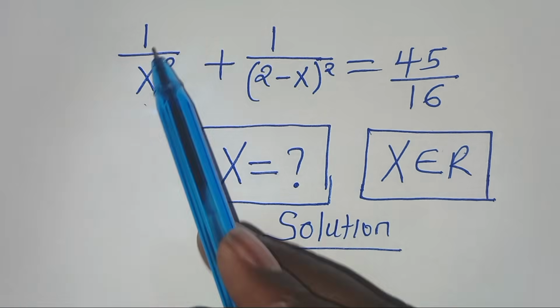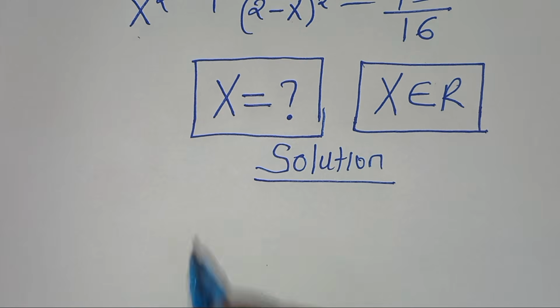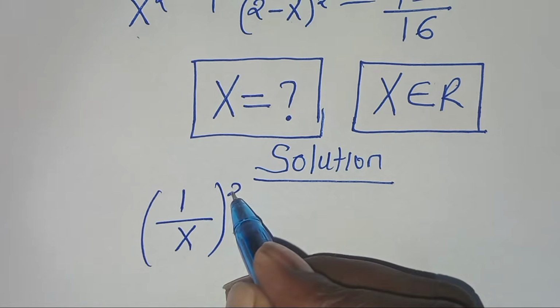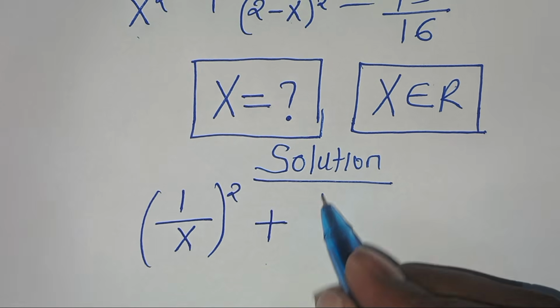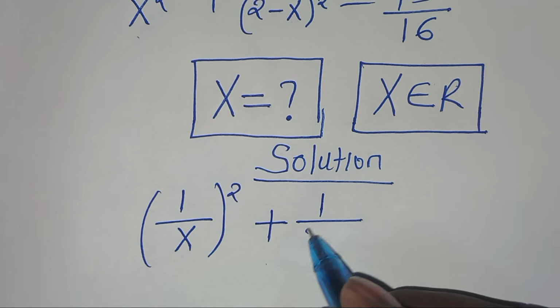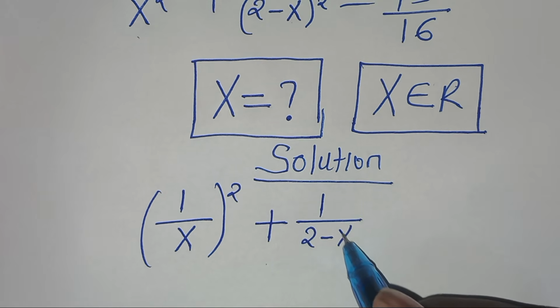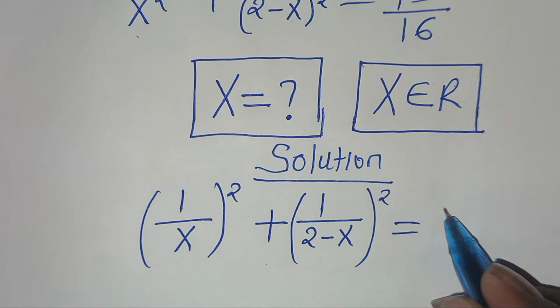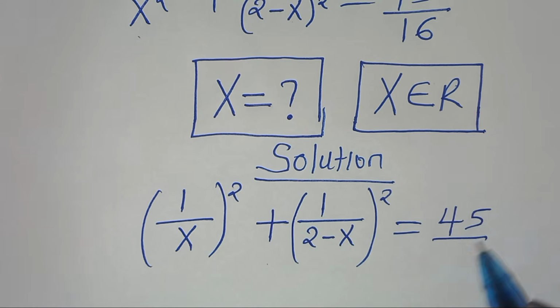We can express 1 over x squared as 1 over x raised to the power of 2, then plus 1 over (2 minus x) raised to the power of 2, which is equal to 45 over 16.